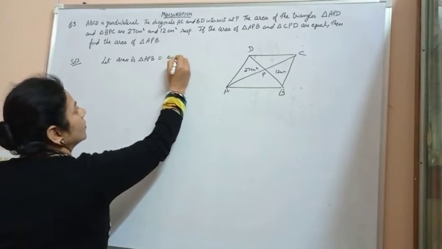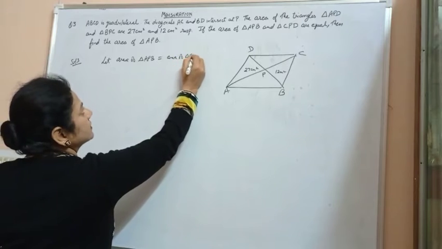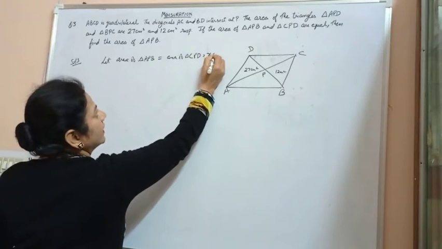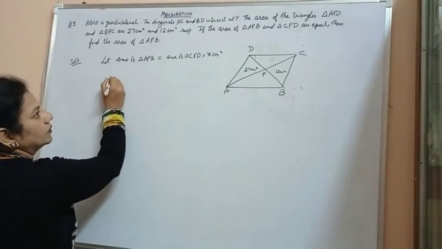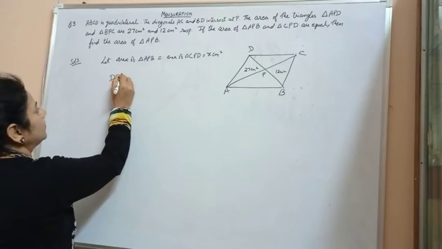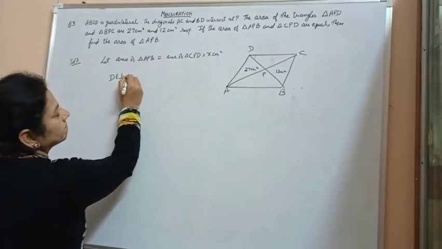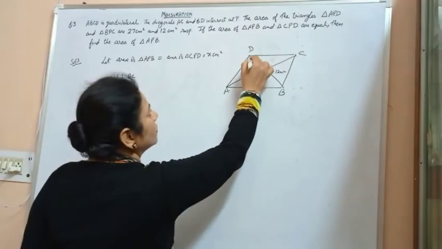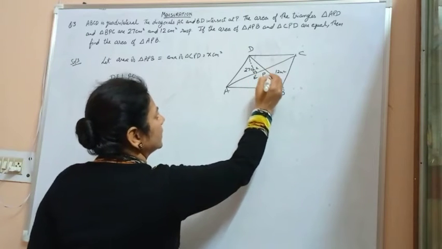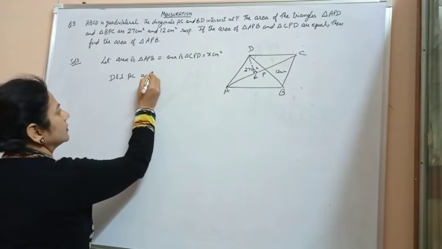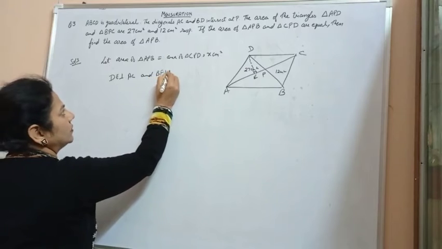So the area of triangle CPD is x centimeter square. Now draw a perpendicular, say DE perpendicular to AC, and BF perpendicular to AC.